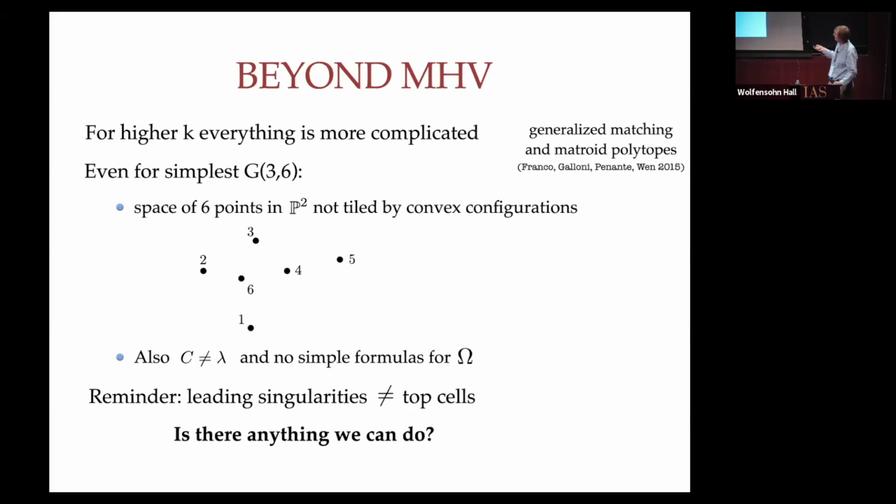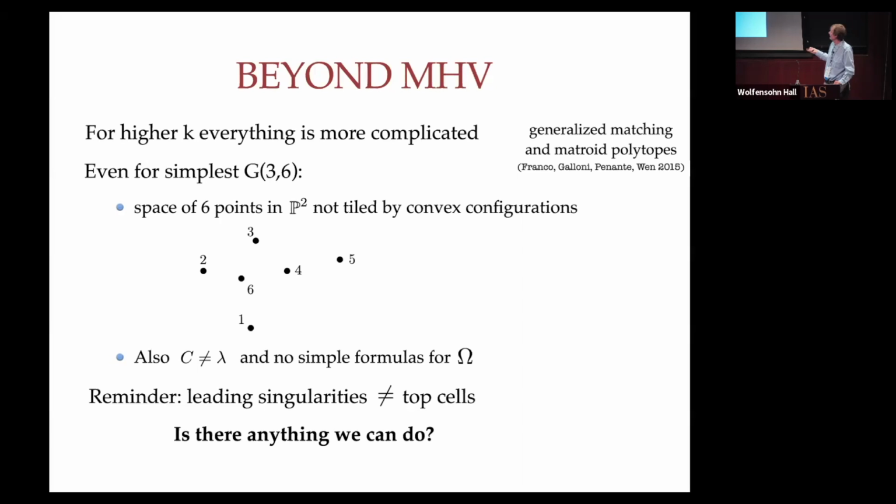If we consider this configuration of points in a plane, there is no ordering. Obviously, they are not ordered. So we have to consider things beyond just different orderings of the convex configuration.